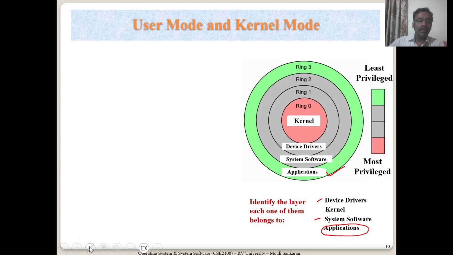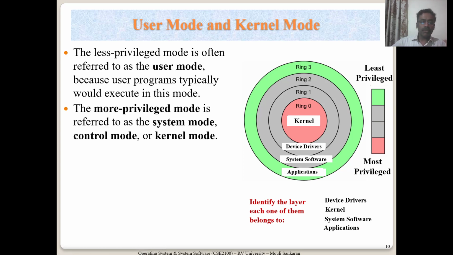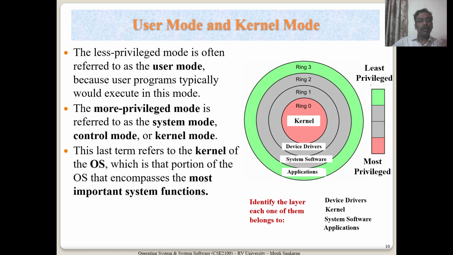You should know the order in which these privileges are given. The least privileged is user mode and the most privileged is kernel mode. Because the processor supports four levels of modes, we can categorize them like this. Otherwise they fall under one of two categories, either kernel mode or user mode. There is nothing in between.